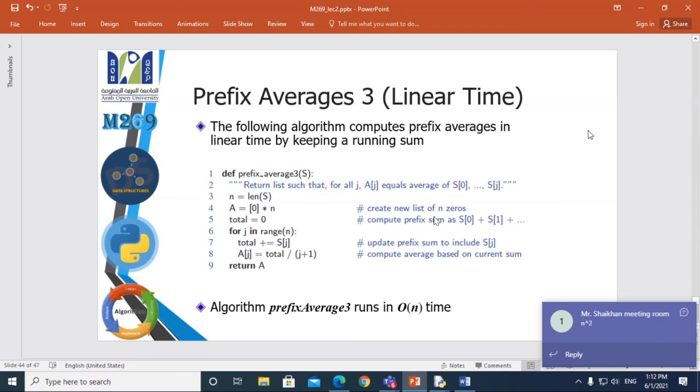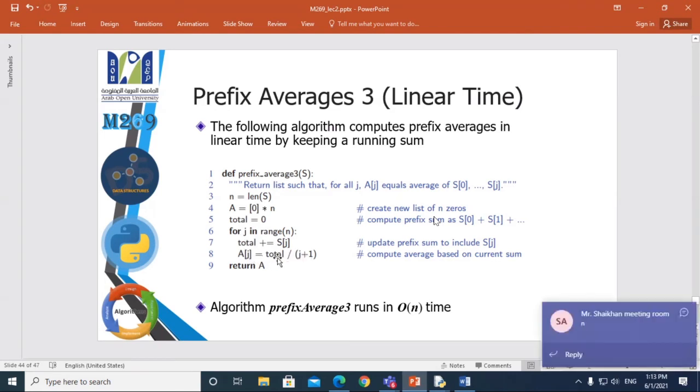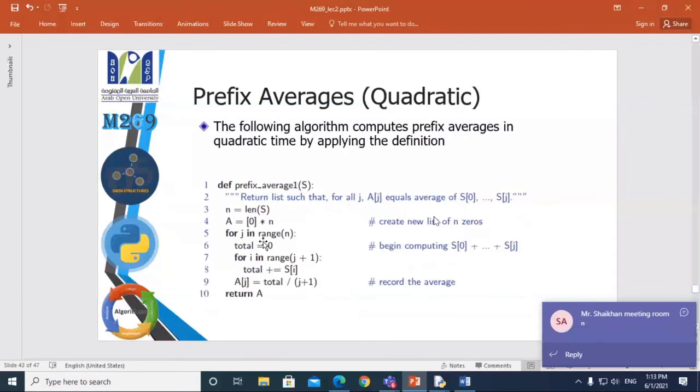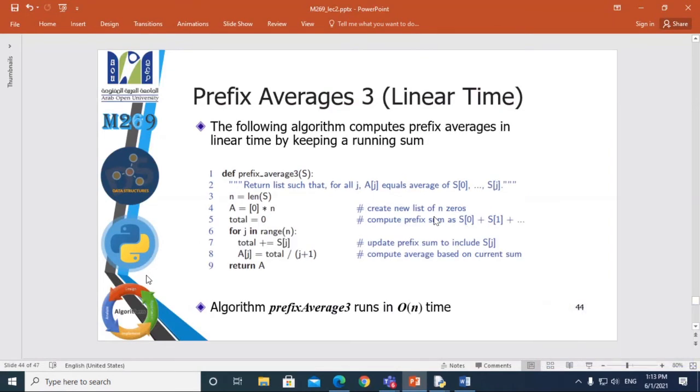The same code, but this time n = len(s), a = 0, total = 0, for, and it's calculating that inside. It's not calling any function. So now the affecting value here is n, the loop. So in the three codes, here quadratic, here n squared, here n, with the same code.